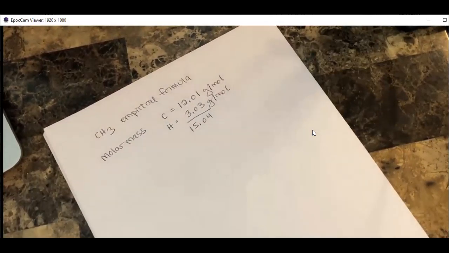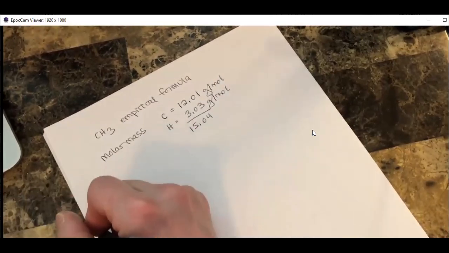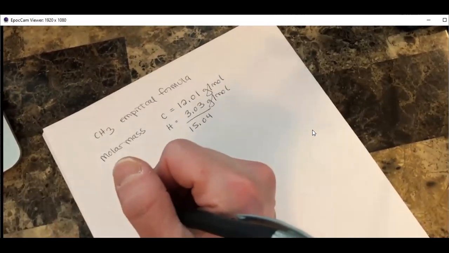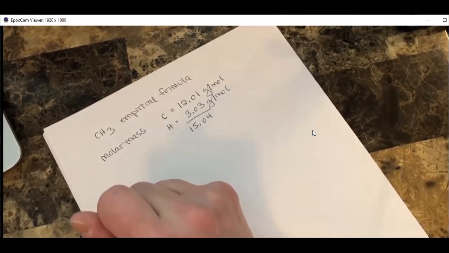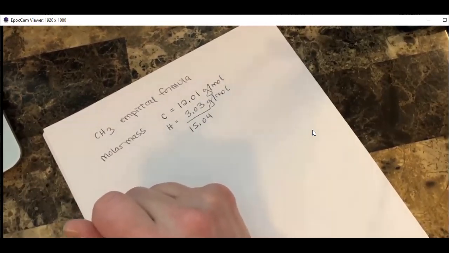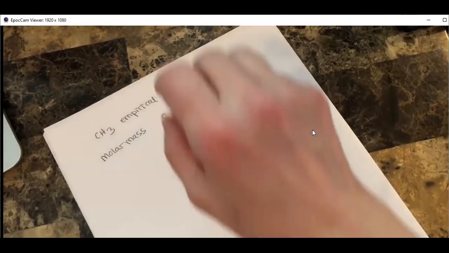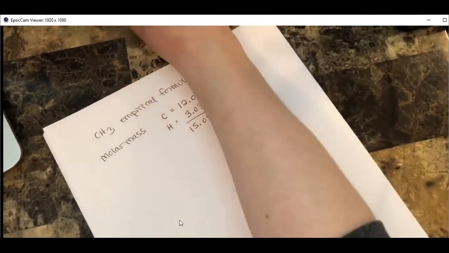Okay, we're going to divide the molar mass that's given to us in the problem by the molar mass that we actually found. So the molar mass from the other page that we were working on was, where's our molar mass? Just a minute.